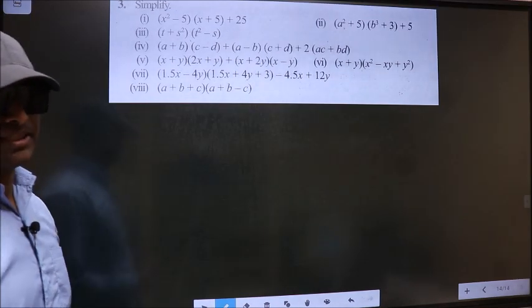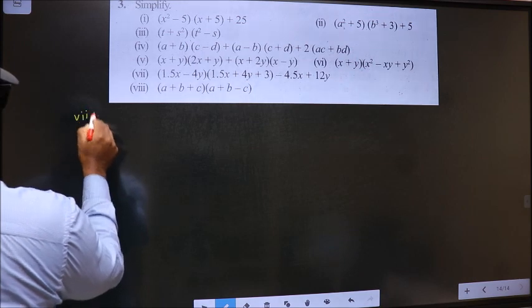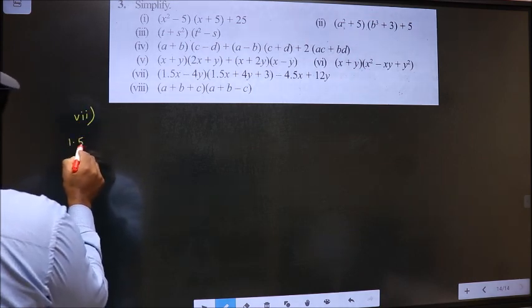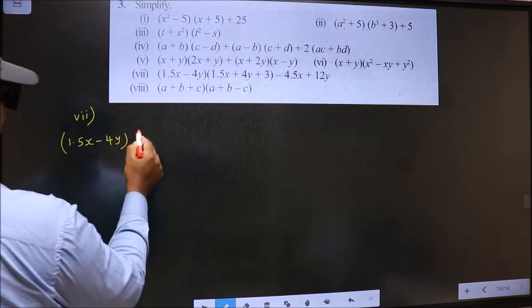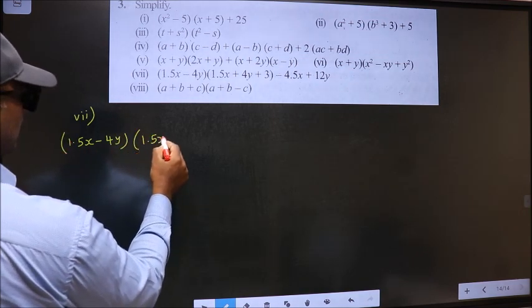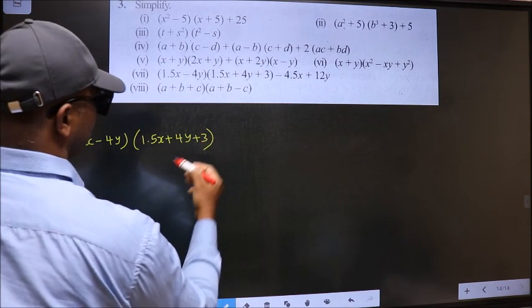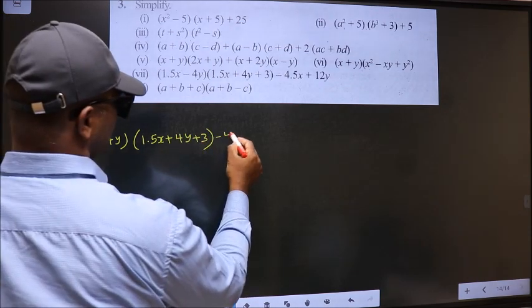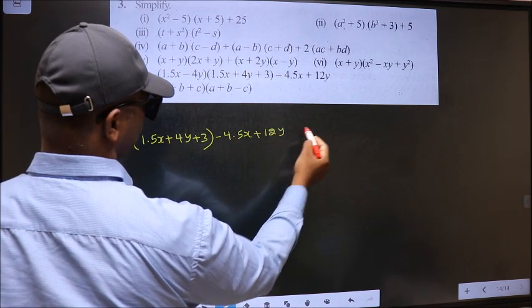Next, 7th bit. 1.5x minus 4y into 1.5x plus 4y plus 3 minus 4.5x plus 12y.